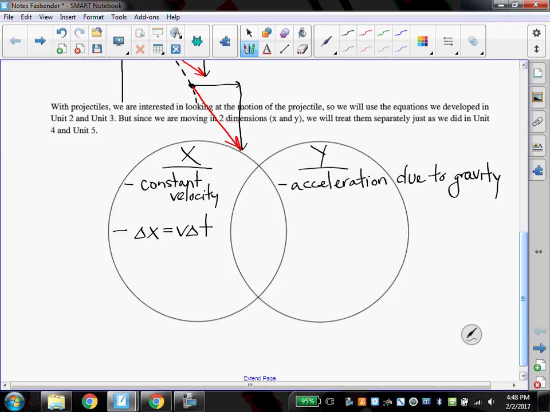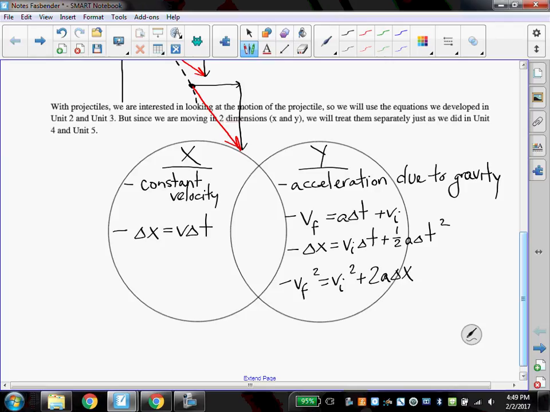So if we ever need to use algebra to solve any kind of problem, we need to think of all the kinematics equations that we have that involve acceleration. So we're really talking about things like Vf equals a delta t plus vi, delta x equals vi delta t plus 1/2 a delta t squared, and Vf squared equals Vi squared plus 2a delta x.